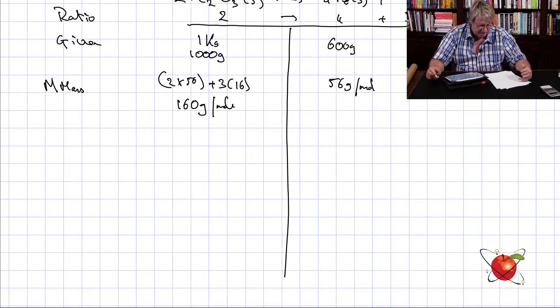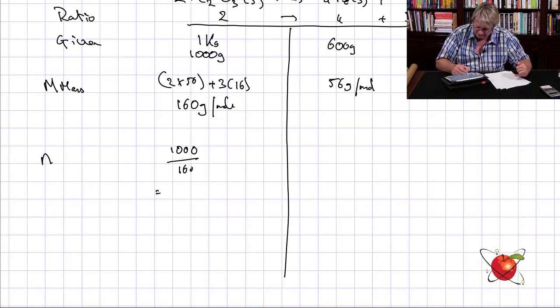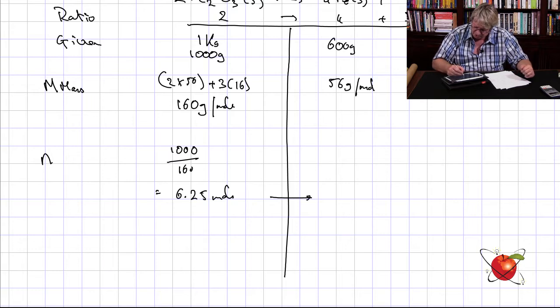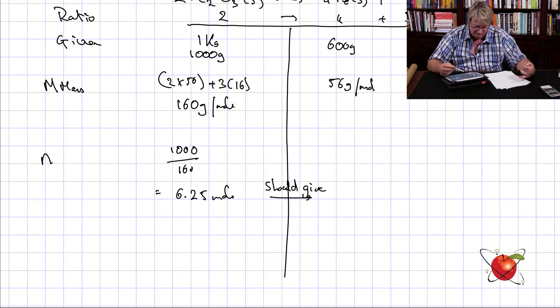So what can we say? Let's have a look here. Molar mass, number of moles. Well, the number of moles over here is 1,000, which is what we started with, divided by 160, which is equal to 6.25 moles. Now we say to ourselves, this should give the 6.25.